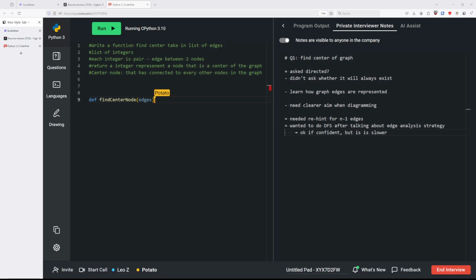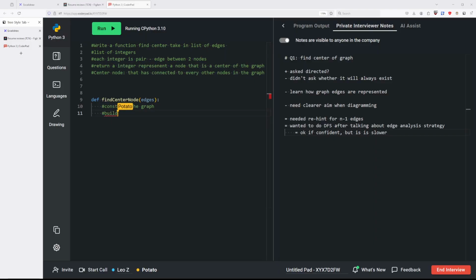We just take in a list of edges, so that would be a list of integers. First we will need to construct the graph via an adjacency list. We will need to build an adjacency list.